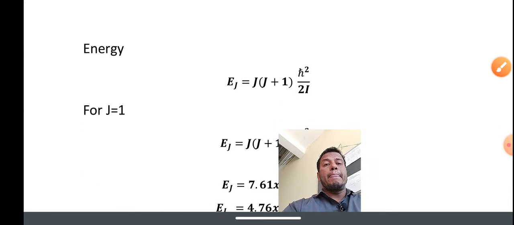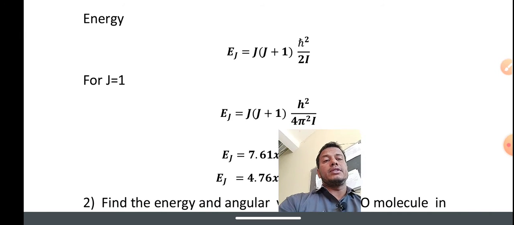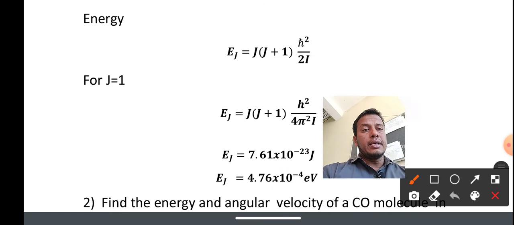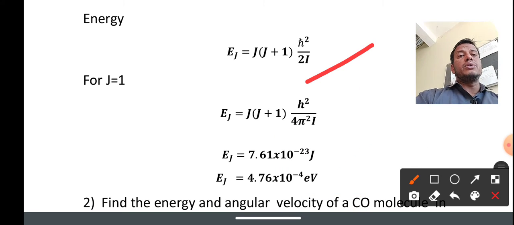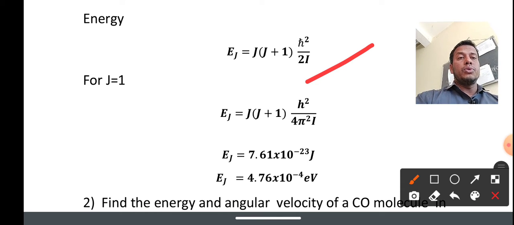For the calculation of energy for J equal to 1, the energy formula is given by E_J equals J into J plus 1 times h cross square by 2I.